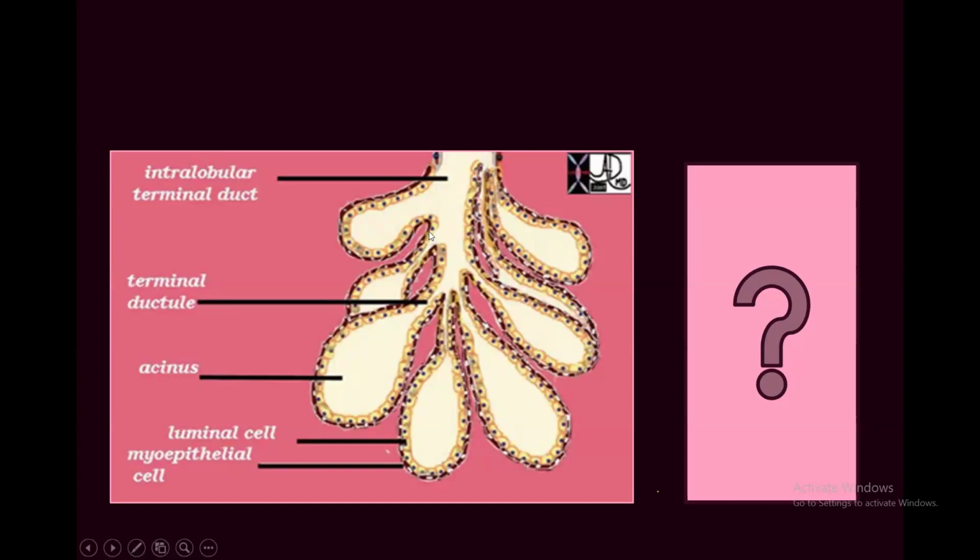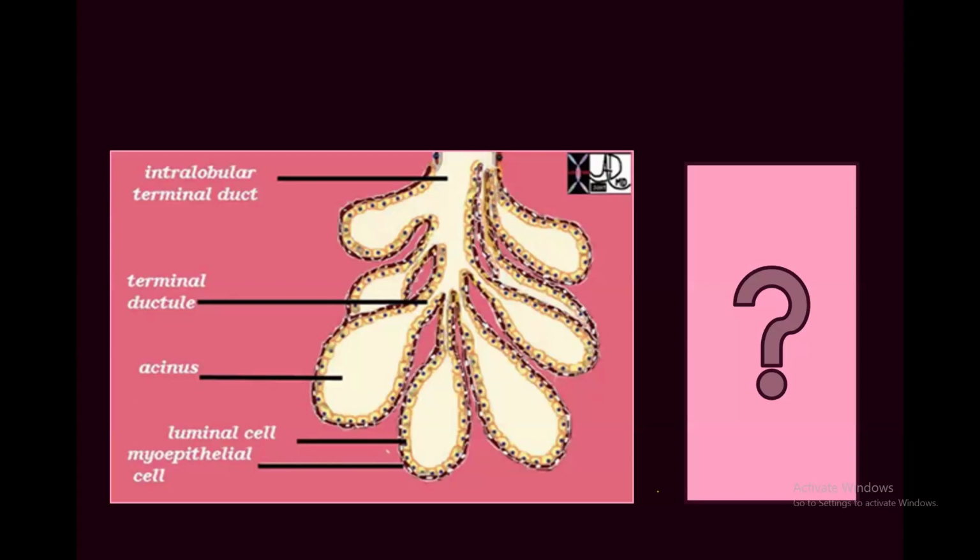Here we start from the intralobular terminal duct, and these are ductules and acini. So this represents no extralobular terminal duct. Since there is no extralobular terminal duct, this is not a terminal duct lobular unit.